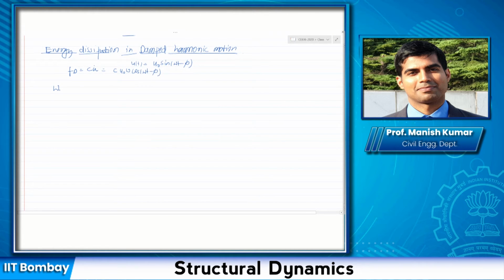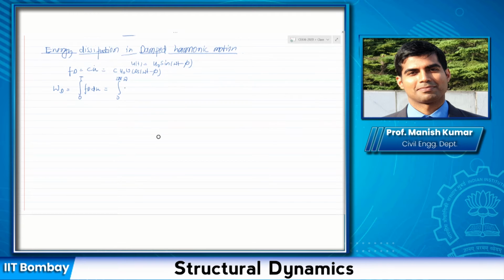Now, the energy dissipated due to damping, I am considering just one cycle, so 0 to T. What is the energy dissipated by any force? It is force times the displacement. So the integral of F du, from 0 to T, which I am going to write as 2 pi by omega, because in steady state the system is vibrating at the excitation frequency.